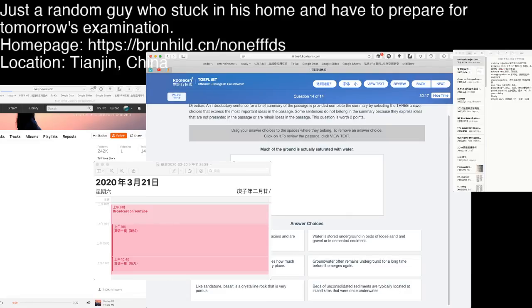Water is stored underground in beds of loose sand and gravel, or in cemented sediment. In the gravels, it is not stored in this, so this is untrue. So there's four to go.